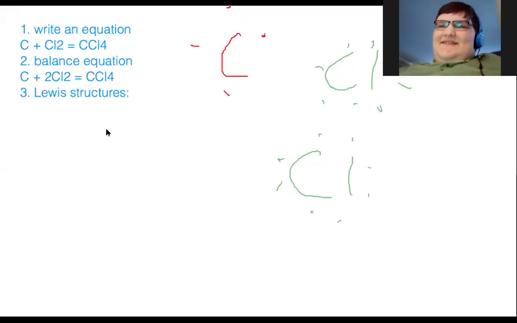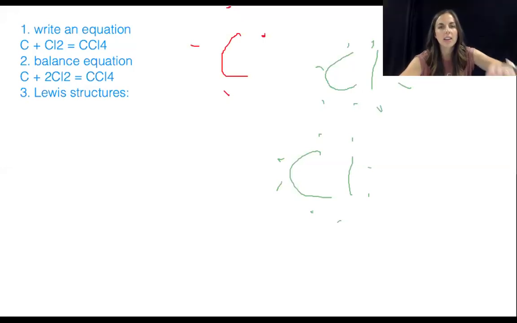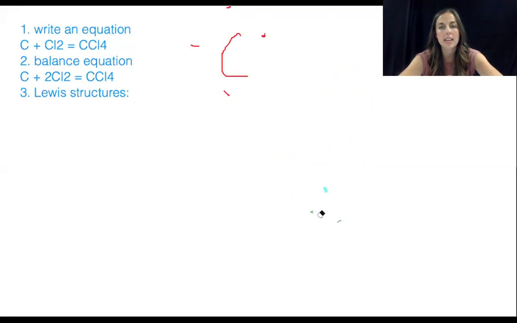So these are your chlorine atoms, but I'm going to bond them together because they're actually Cl2 molecules. So it's 2 Cls bonded together.